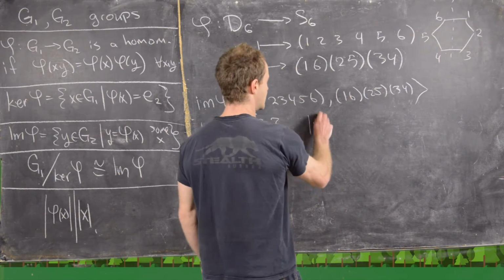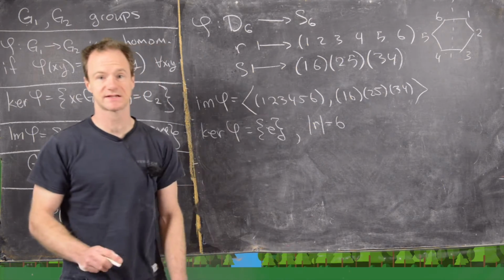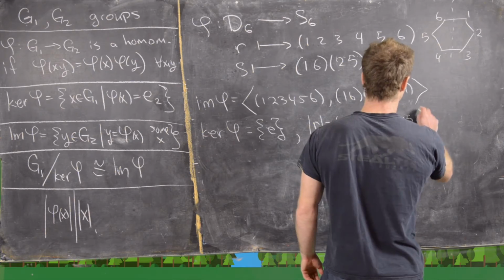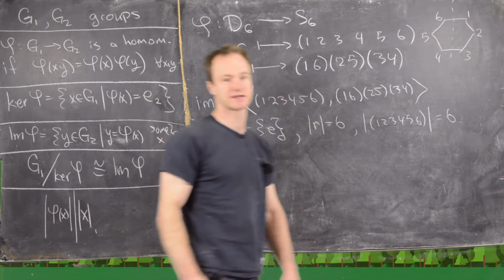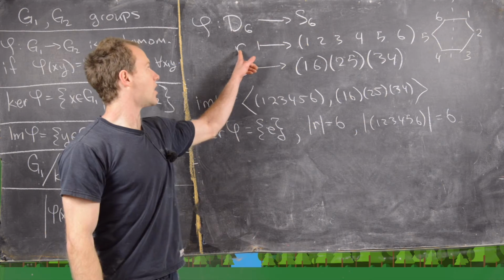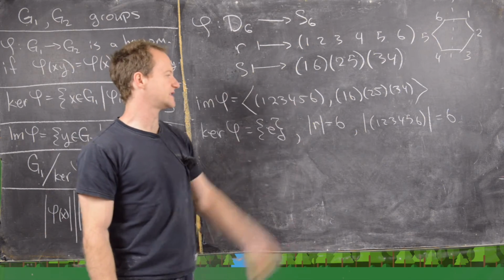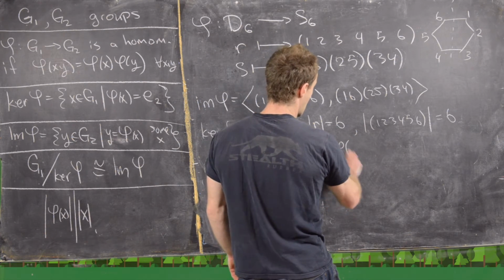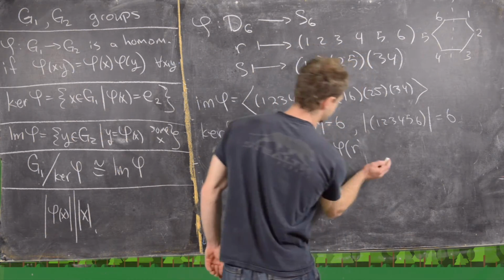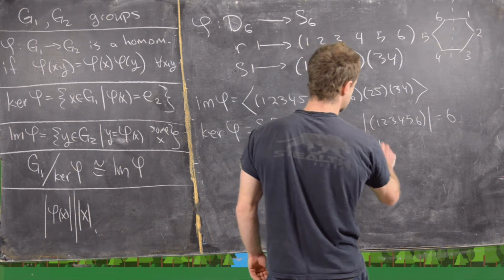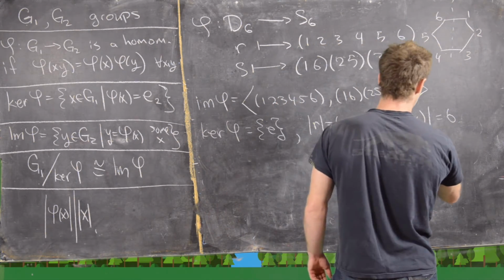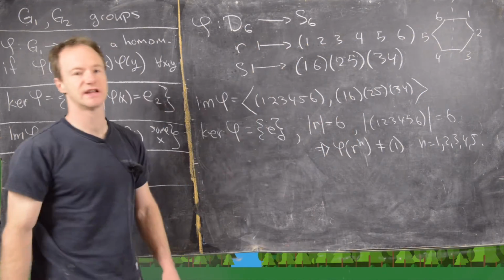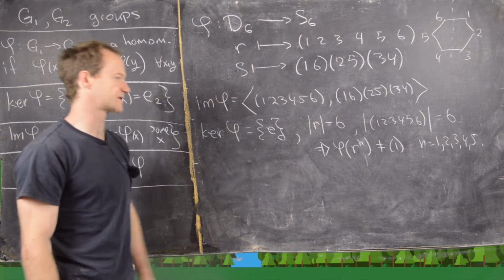First of all, notice that the order of R equals 6, and the order of (1 2 3 4 5 6) is also 6. Since an element of order 6 is being sent to an element of order 6, phi of R to the n is not equal to the identity if n is 1, 2, 3, 4, 5, because that would contradict the fact that this has order 6.